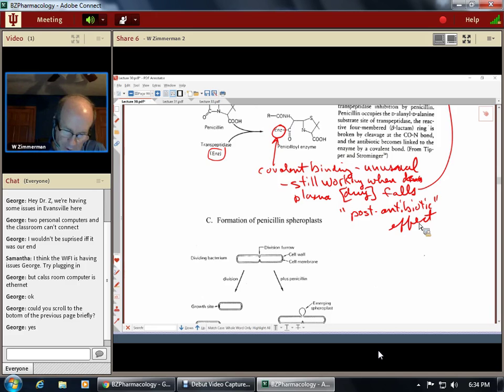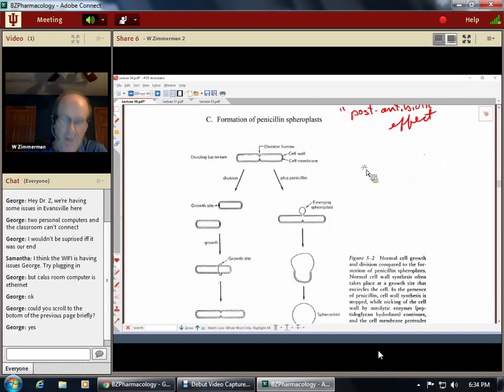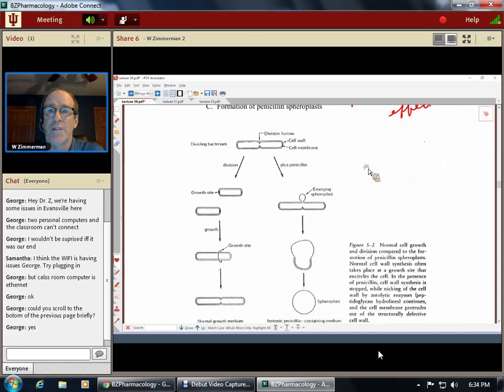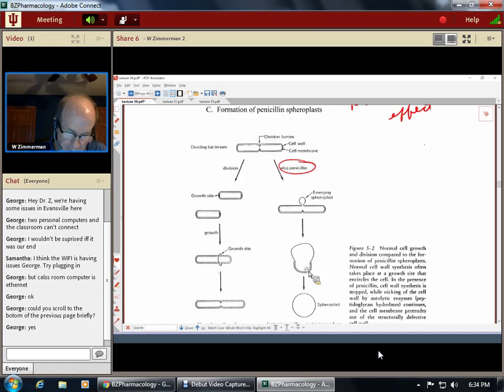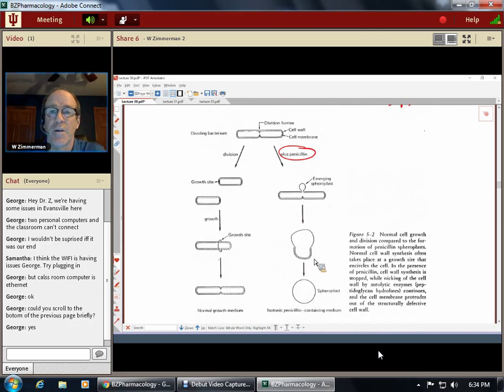Let's see, some other notes here of interest. Formation of these penicillin spheroplasts. We can put the bacteria in a medium that contains penicillin, or without the penicillin, of course. On the left is what we normally see with no drugs present. You have to have a growth site. And for that growth site, as the caption says, you have to have nicking of the cell wall by these autolytic enzymes.